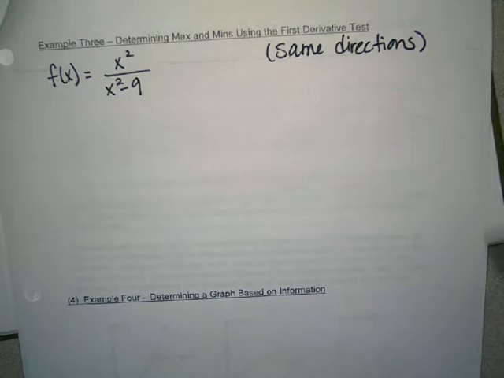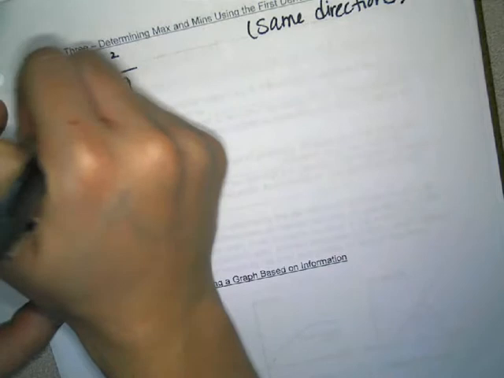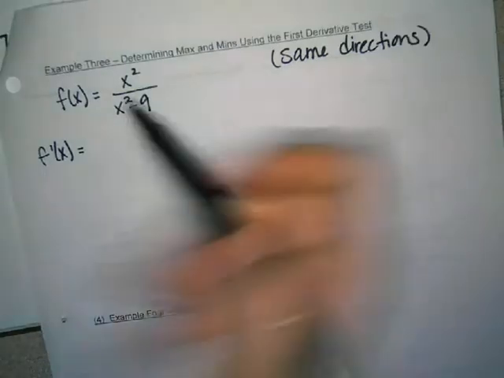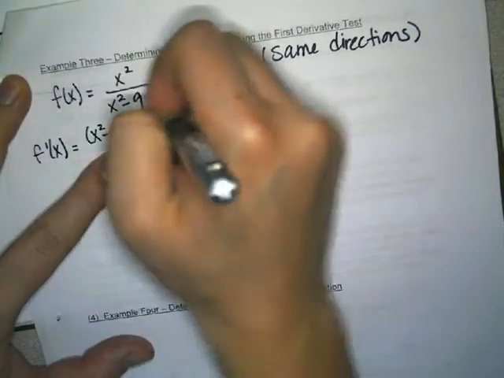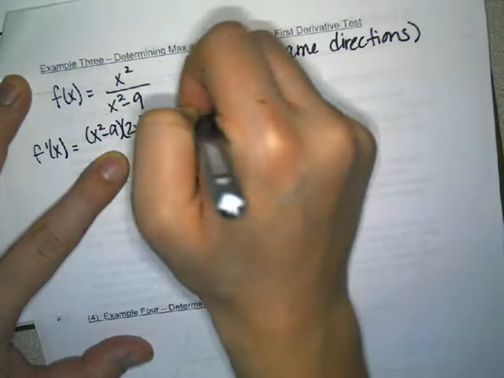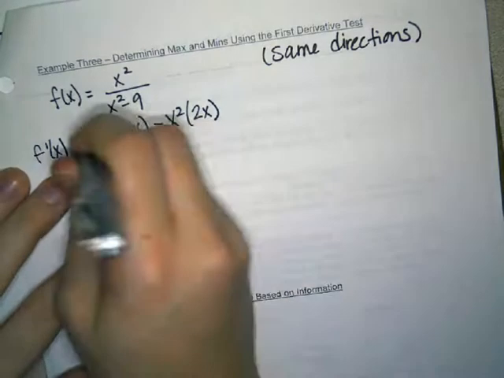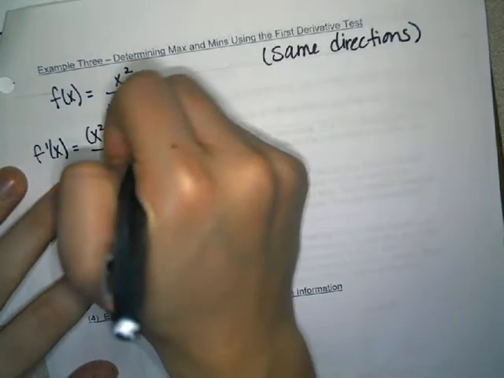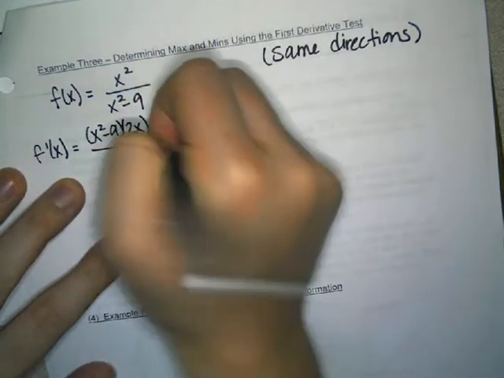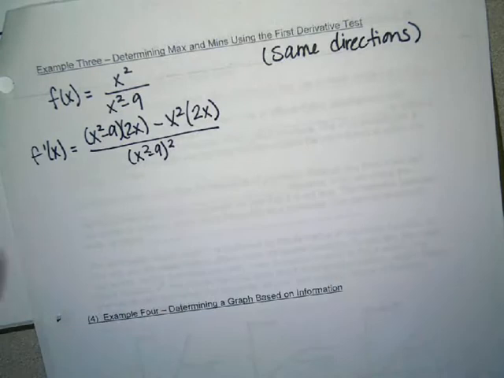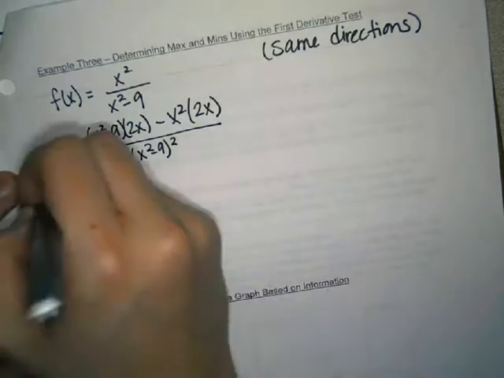All right, we're going to take the derivative of this function. Now, to take the derivative of this, I have to use the quotient rule. So we have low d high minus high d low all over low squared. Let's go ahead and clean that up before I try and take the second derivative.